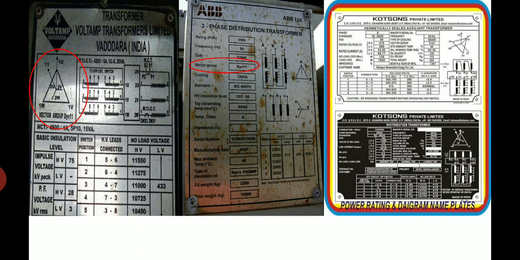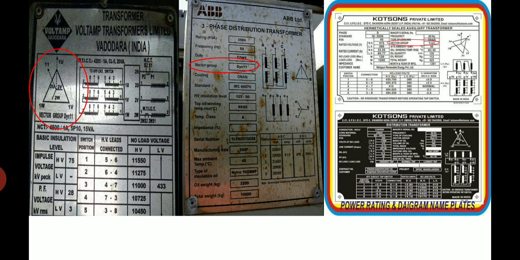From the photographs you can see that the first transformer has a vector group of DYN11, the center transformer has again DYN11, but the third transformer has the vector group of YND1. So, on the nameplate of a three-phase transformer, the vector group is always mentioned. A typical representation of a vector group could be YD1 or DY1, etc.